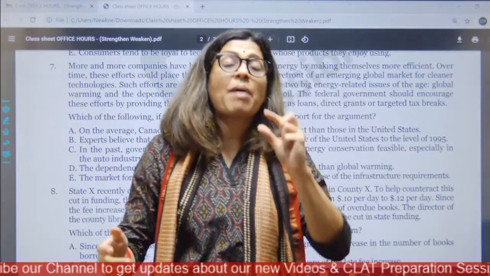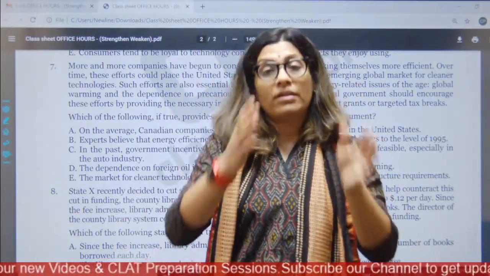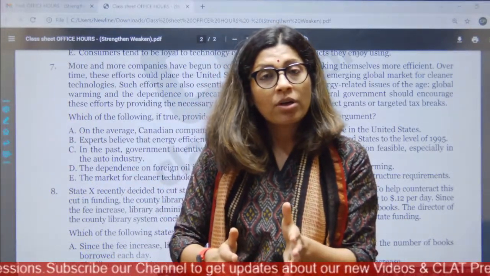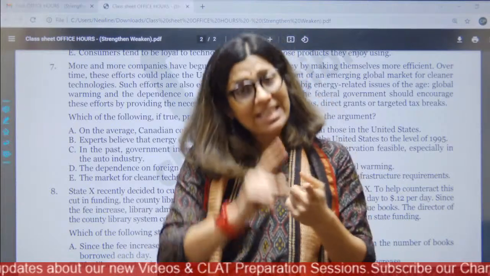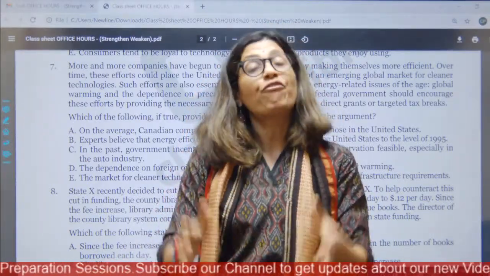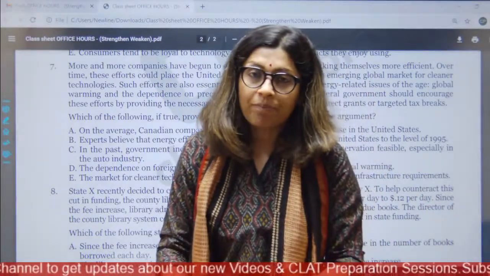So if I have increased it by 0.12 per day, that means the number of days overdue should also not reduce. One part of the fact has been given to us: it's not as if the number of overdue books has reduced. If 40 books were going overdue earlier, even now they are 40.